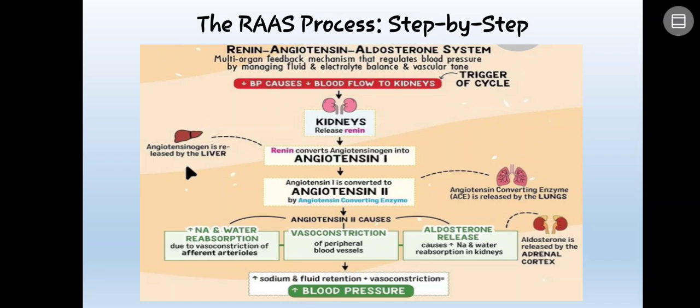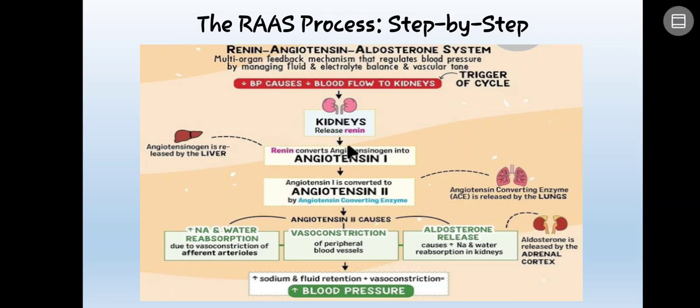It is produced by the liver. You know, the liver produces a lot of proteins, and one of those proteins is angiotensinogen. So renin has been released into the blood from the kidney, specifically from the juxtaglomerular cells, and angiotensinogen is already in the blood, produced by the liver.